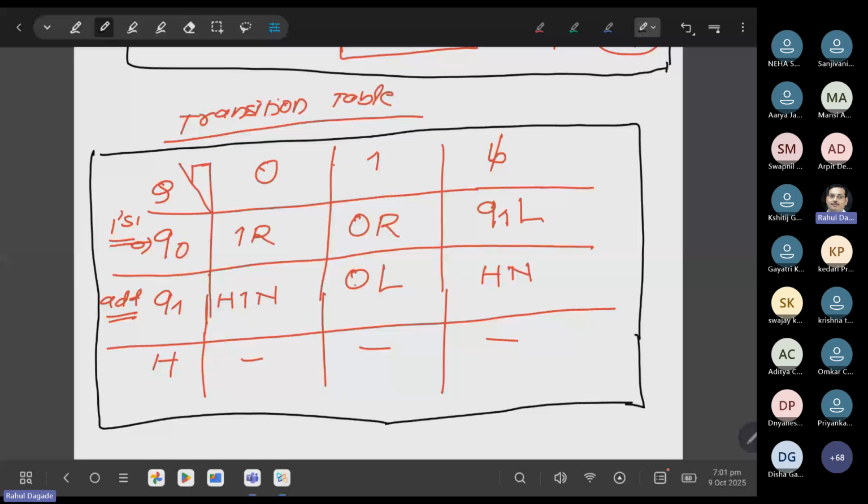Now let us try to do the simulation for input 1011.